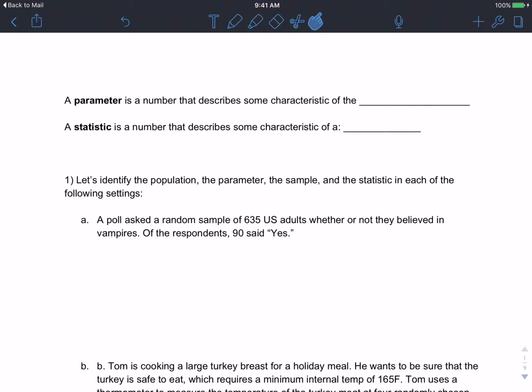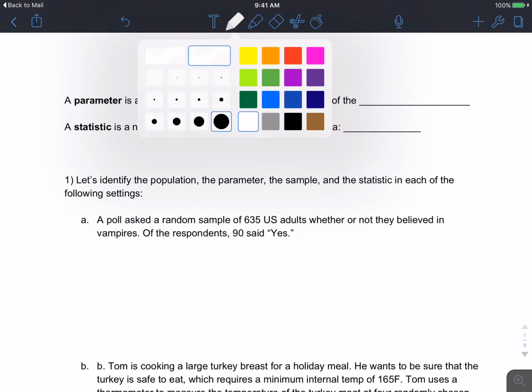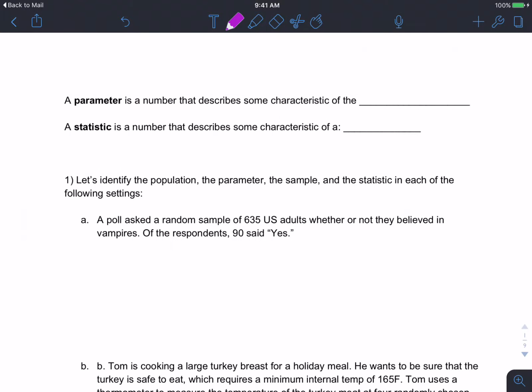As you guys know from previous examples, a parameter is a number that describes some characteristic of the population, whereas a statistic is a number that describes some characteristic of a sample.